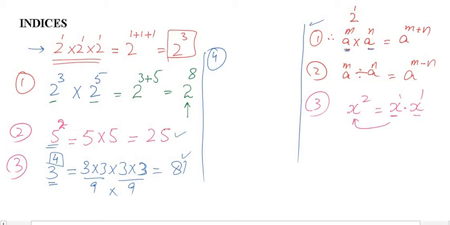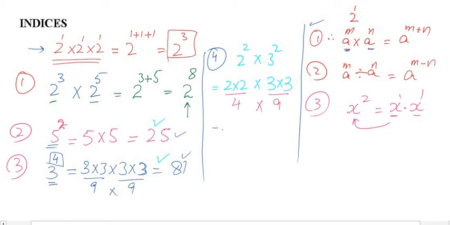Okay, let's take another example. We are given two numbers: 2 to the power 2 times 3 to the power 2. We are given an index form, but told to find the value. So 2 to the power 2 means 2 times 2, as we learned here, and 3 to the power 2 means 3 multiplied by itself 2 times. 2 times 2 equals 4 and 3 times 3 equals 9.